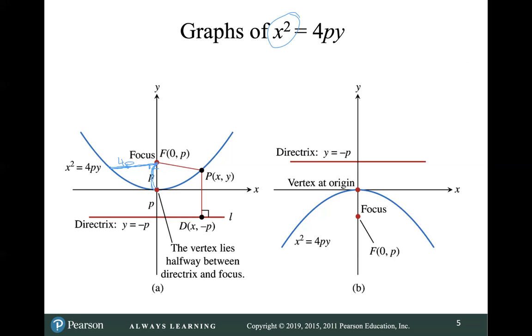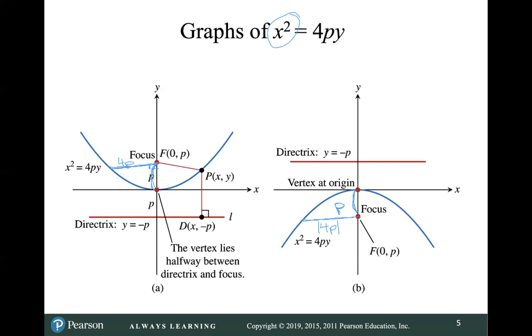In our second example or graph here, we have a parabola opening downward. That means that this distance here is p, but now p will be negative. Our distance across our focal width is, again, 4p, but this time we have to do absolute values because p is negative. And then our directrix is the line y equals negative p.